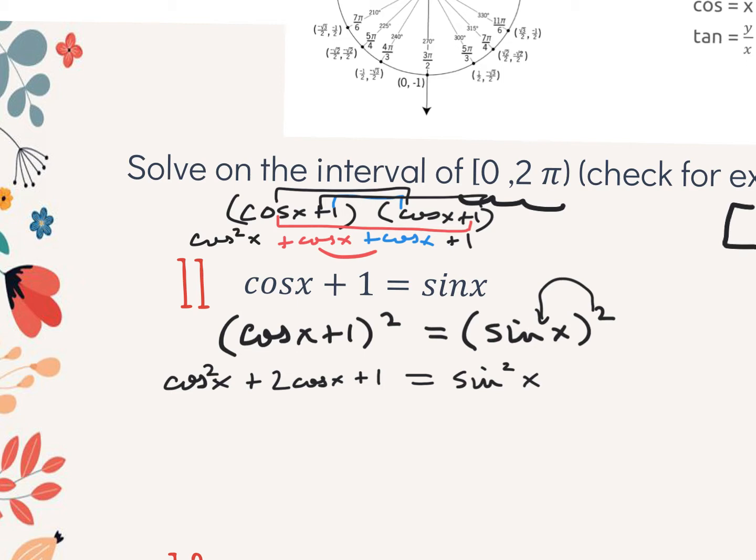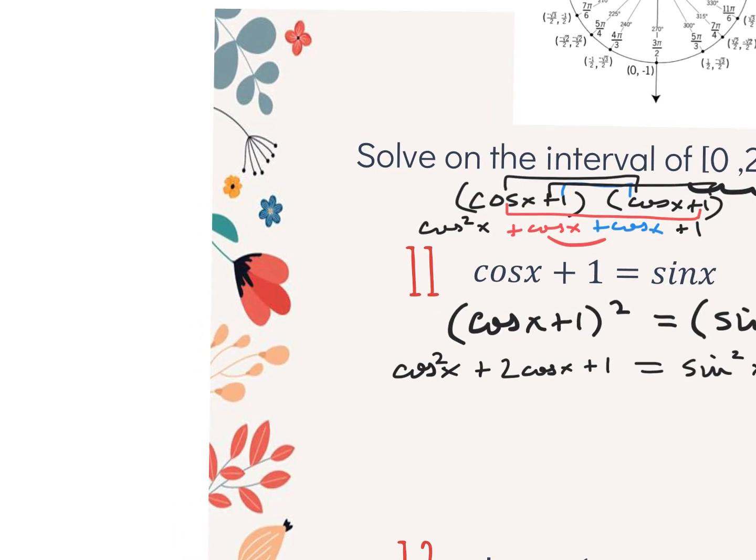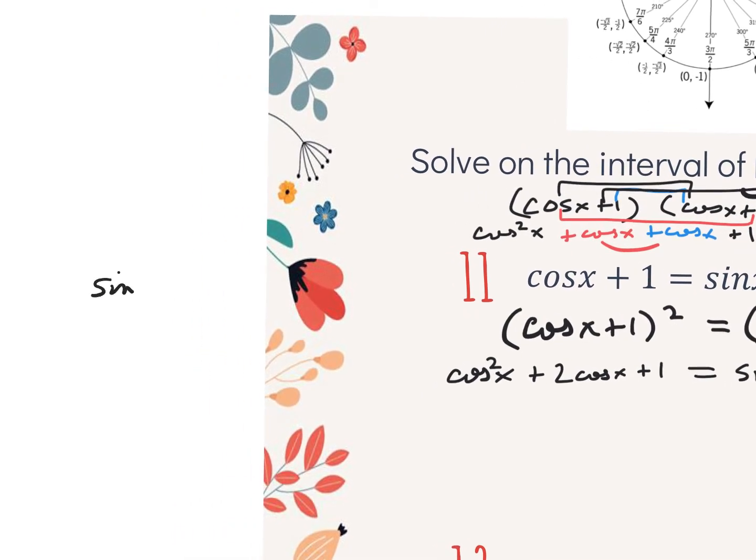Oh. Okay. So now I need to get all of the trig functions to be the same. I'm going to use a Pythagorean identity and substitute that in for sine. The Pythagorean identity I'm going to use is sine squared x plus cosine squared x equals 1.